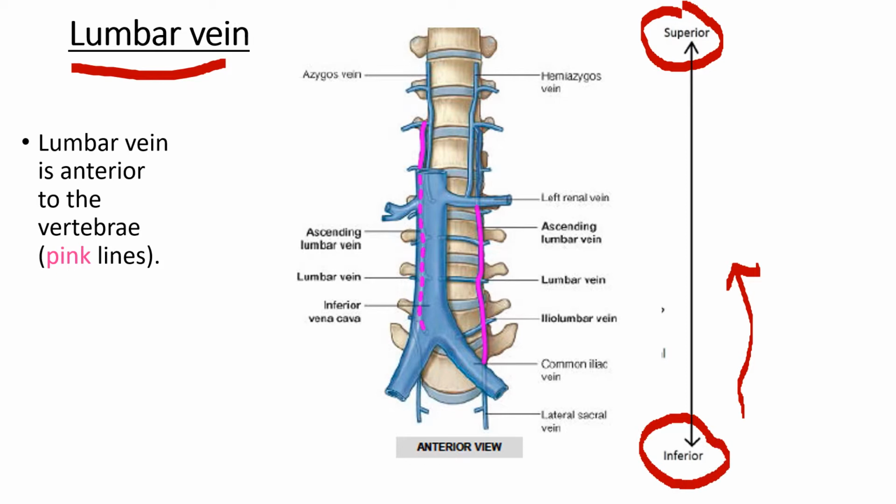Inferior, below. So this is the anterior view. The anterior view is basically where it is anterior, in front of the actual vertebral column.